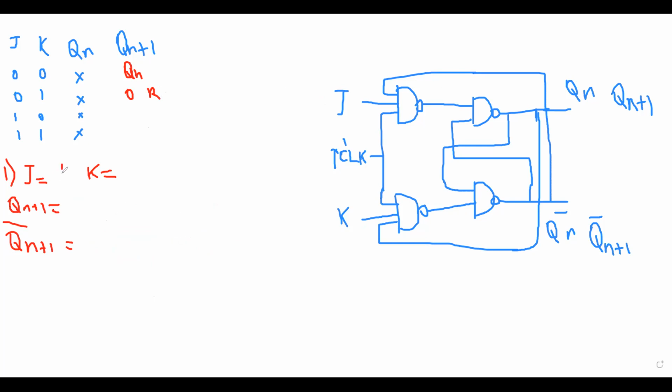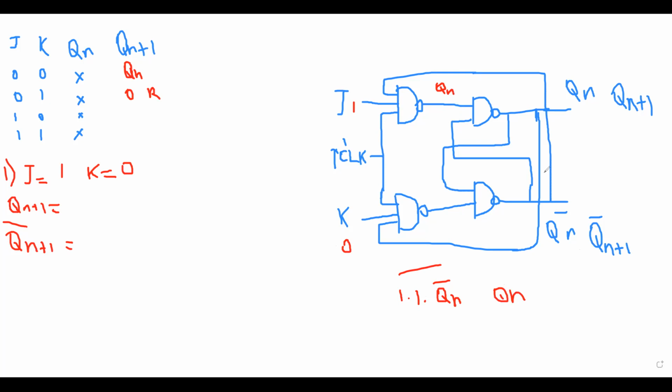The third state is 1 and 0, for J equal to 1 and K equal to 0. Here we get Qn, because you can see this Qn bar goes to this input. So 1 into Qn bar whole bar is equal to Qn.